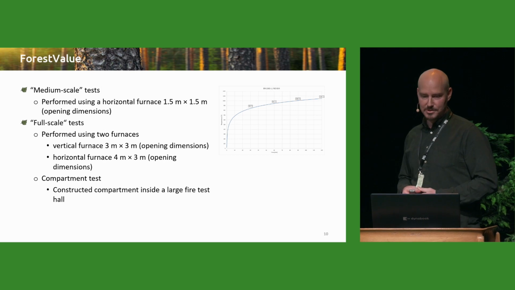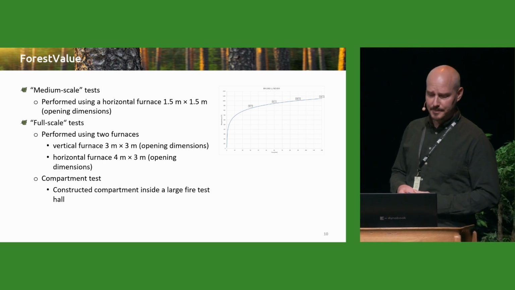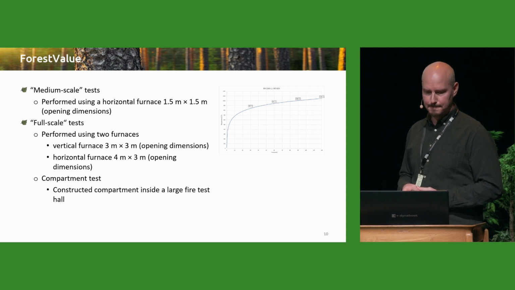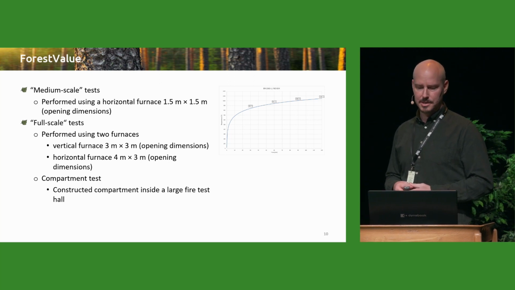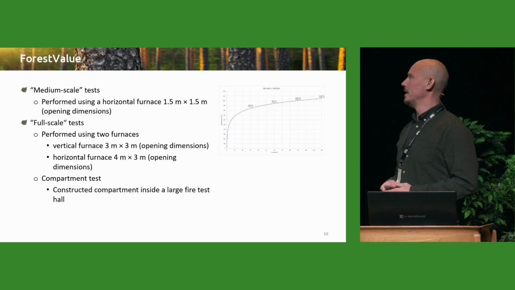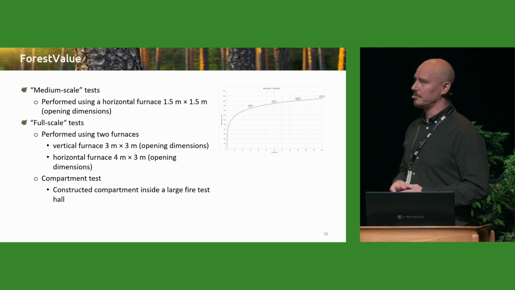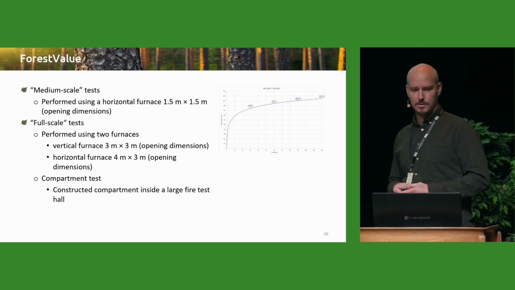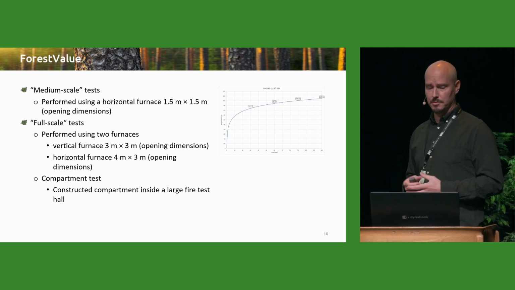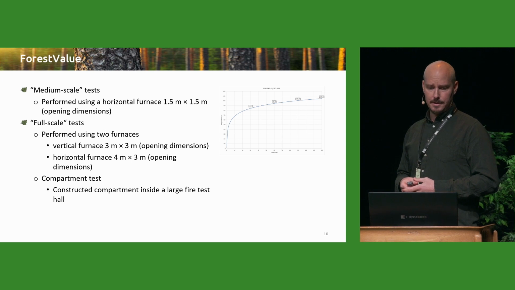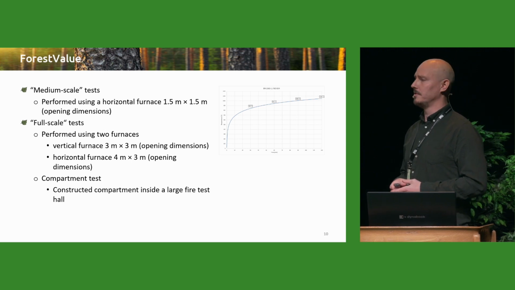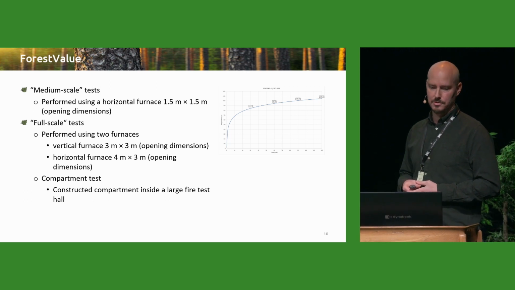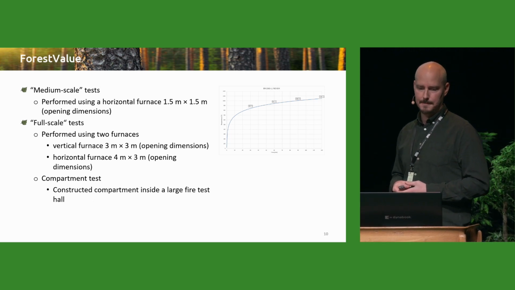So first of all, I will say a little bit about the furnaces we used. For the medium scale, we have used a cubic furnace. It's 1.5 by 1.5 meters in the opening dimensions and horizontal plane. For the full scale test, we have used two different furnaces, one vertical 3 by 3 and one horizontal 4 by 3 meters.